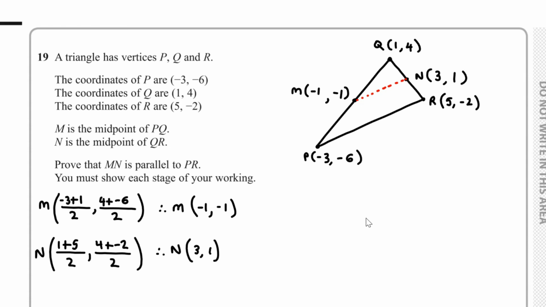So to do this, we need to find out the gradient of MN and also the gradient of PR. The way we do this, well, gradient is equal to change in y, y2 take y1, over change in x, x2 take x1.